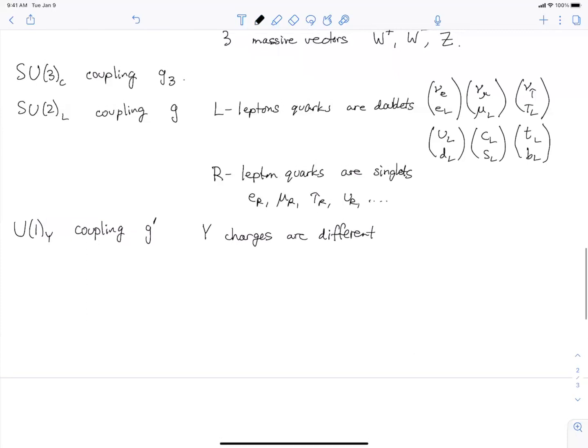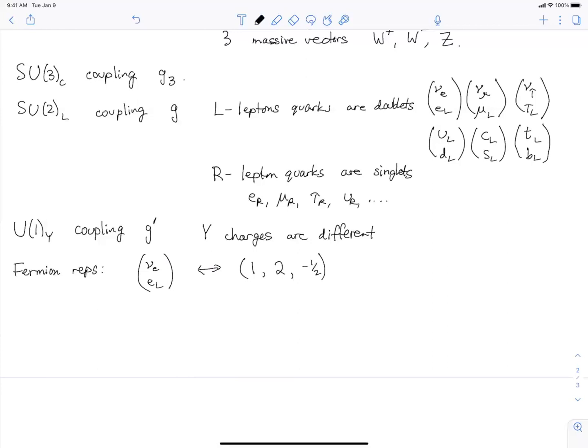We can summarize all this information about the symmetries by writing down the fermion representations. The way we're going to do it is first write the color, then the SU(2) left, and then finally the weak hypercharge. For nu_e left, for example, that transforms as a singlet of color, a doublet of left-handed weak isospin, and it has Y charge minus 1/2.